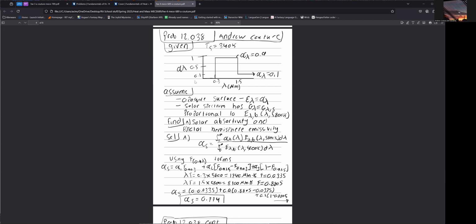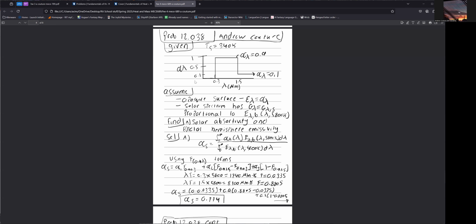We're also going to be assuming that the irradiation on the surface is equivalent to the radiation you would be receiving from the sun, which is why the emitting body is at 5800 K. Now, what we're trying to find is the solar absorptivity and total hemispherical emissivity. Sorry if I didn't say that earlier.